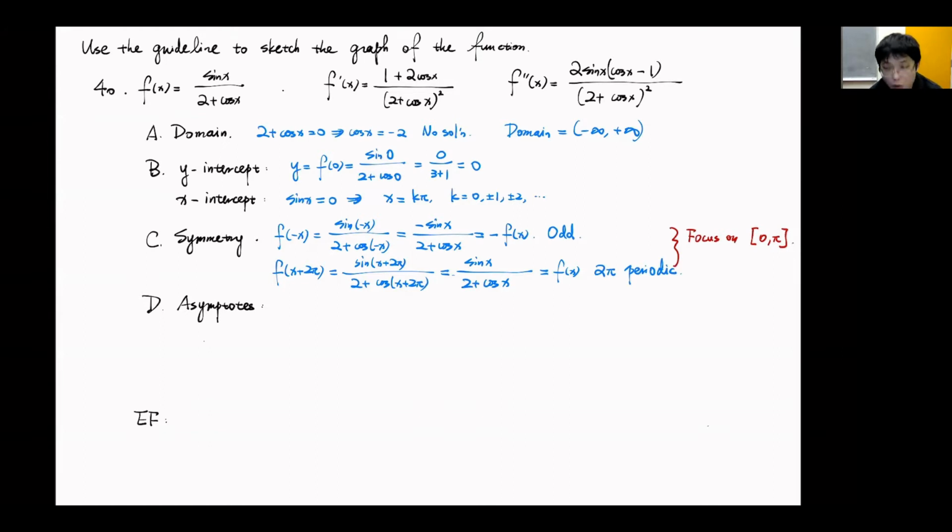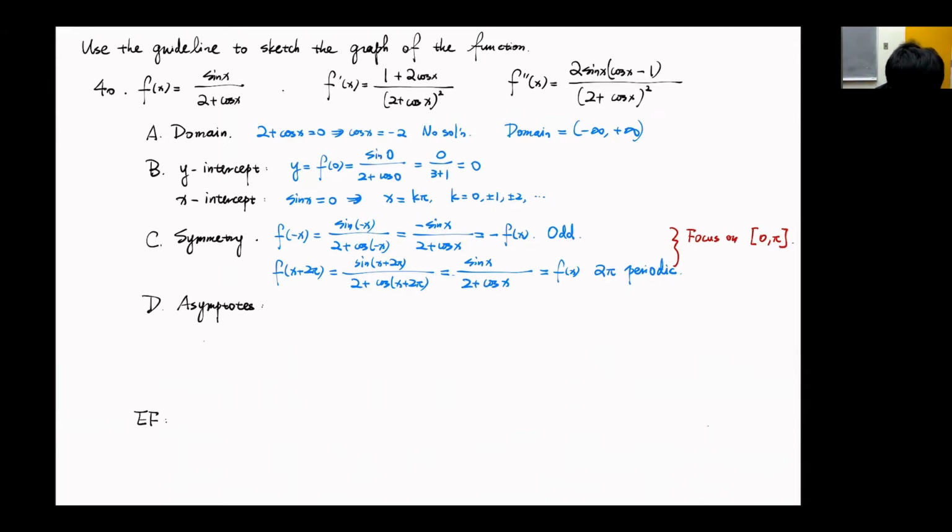So all I need to do is to focus on any interval of 2 pi's length. And if I choose the interval to be minus pi to pi, then from the fact that we have an odd function, all we need to do is to focus on half of this interval. So these two conditions basically tell you that you can simply focus on half of the period, namely 0 to pi. But let's not do this over here.